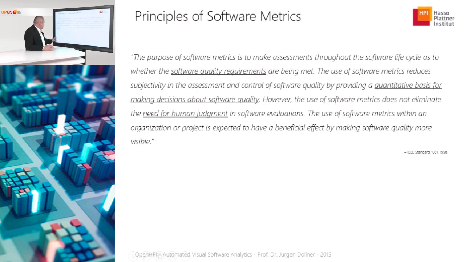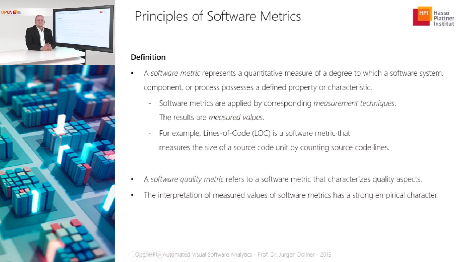Let's define software metrics in a more formal way. A software metric represents a quantitative measure of a degree to which a software system, component or process possesses a so-called defined property or characteristic, one aspect that is measured.